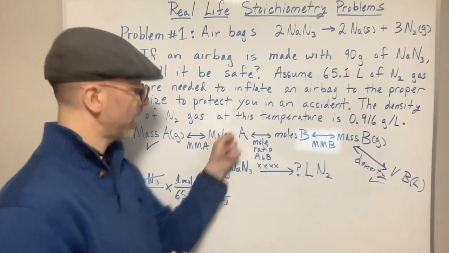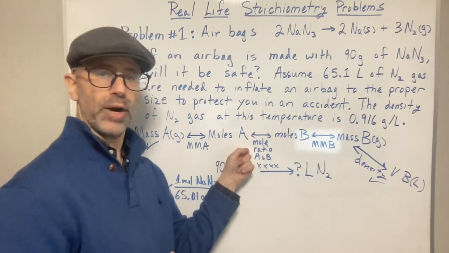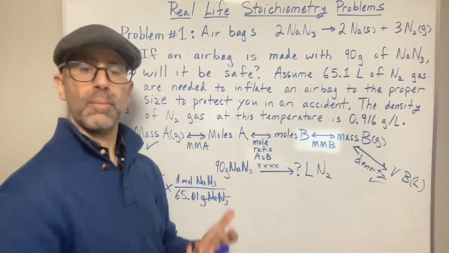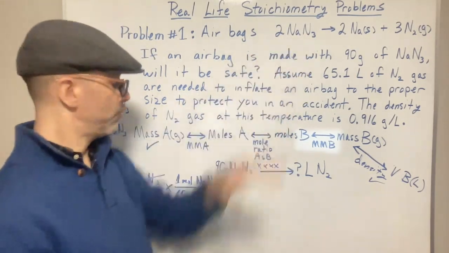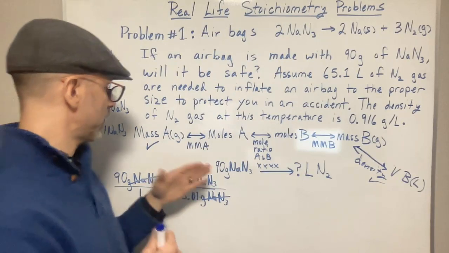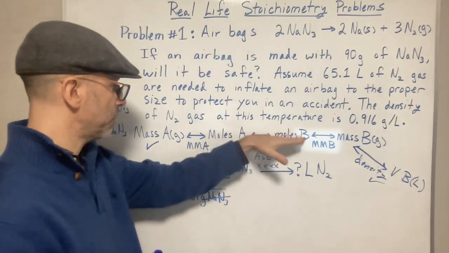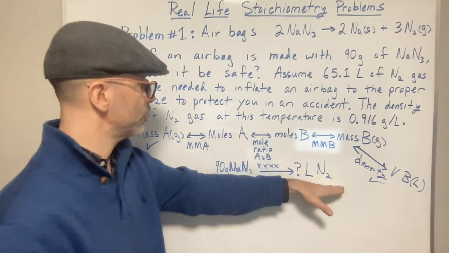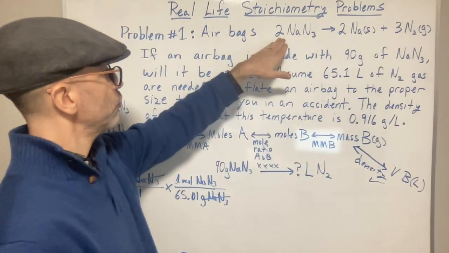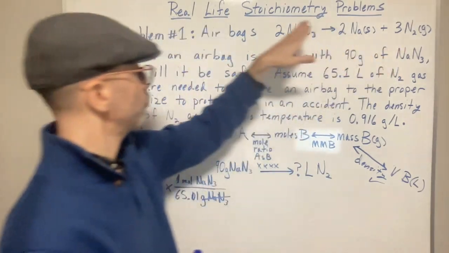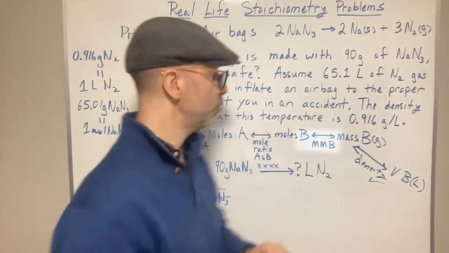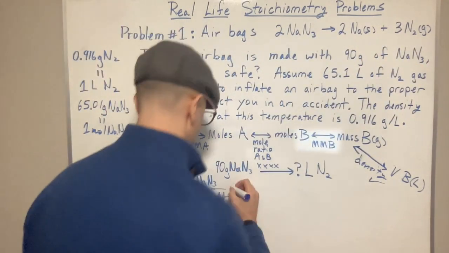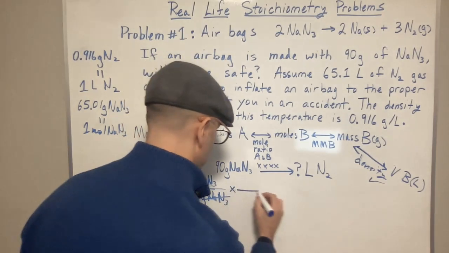I got to go from moles of A to moles of B using the mole ratio between A and B. Where am I going to get that? From the balanced chemical equation. So the mole ratio between NaN3 and B, which is N2, is a 2 to 3 ratio. 2 moles of NaN3 is going to give me 3 moles of N2. So let's go ahead and use that mole ratio.